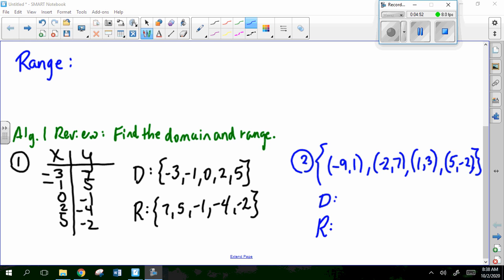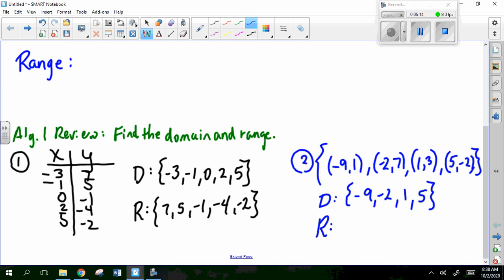Okay, so what do you think the domain is? What numbers? Thank you. Very good. And you just list them and put them in curly brackets. Very good. Because those are the x values of those ordered pairs.